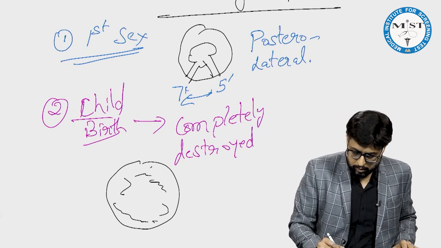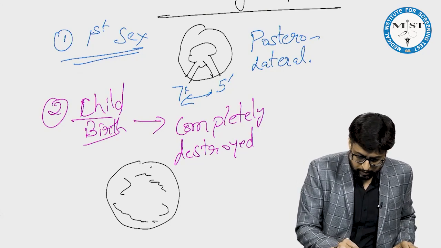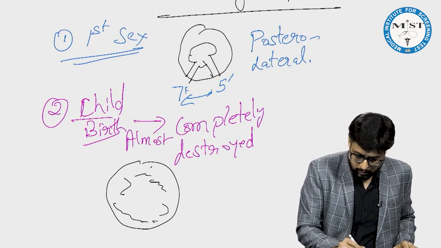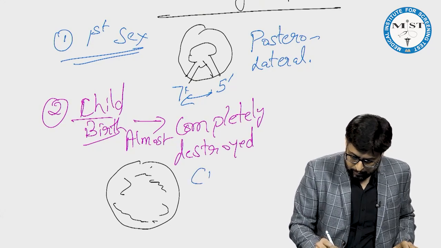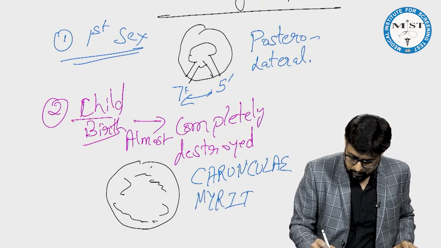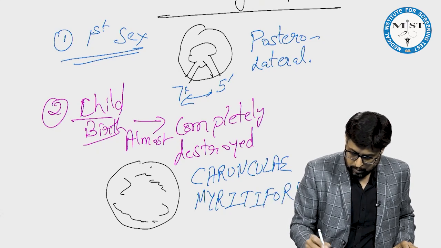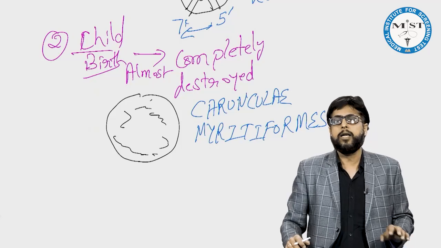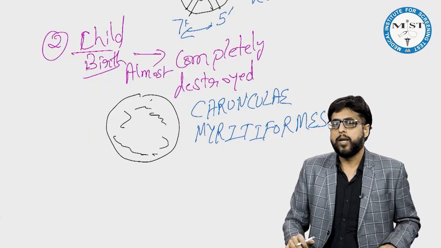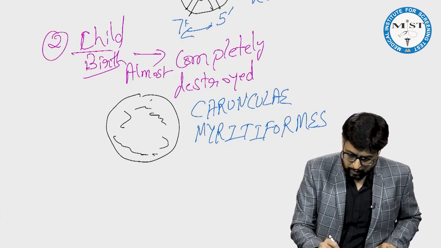This is called carunculae myrtiformis. The hymen which gets completely destroyed during childbirth is called carunculae myrtiformis.